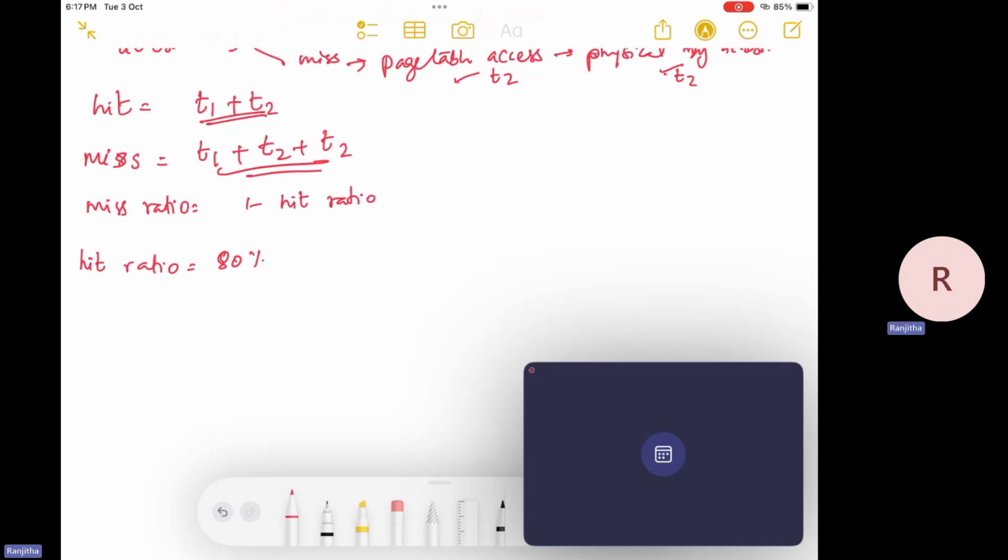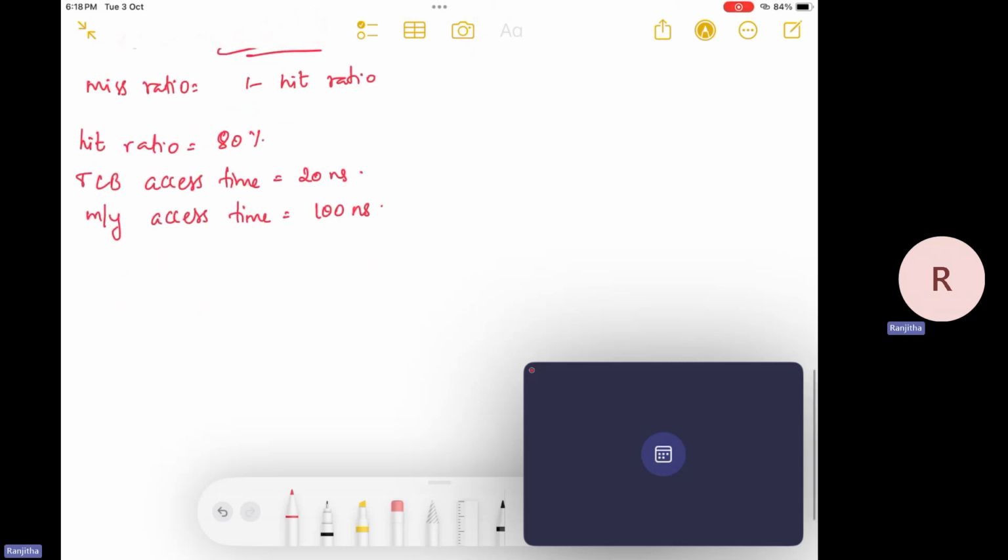TLB access time T1 is equal to 20 nanoseconds and memory access time is equal to 100 nanoseconds.